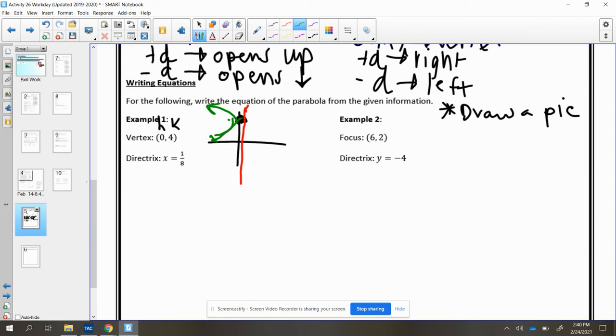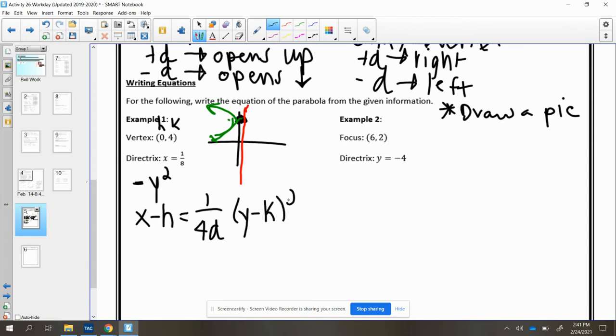So we know we have a leftward facing parabola, which means that we're going to have a y squared. It's going to be a negative value because it's opening to the left. There's a lot going on with that. So if we use the general form, x minus h equals 1 over 4d times y minus k quantity squared. And again, we know that this is negative this time because we're opening to the left.